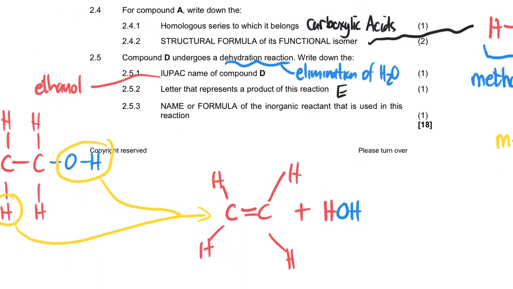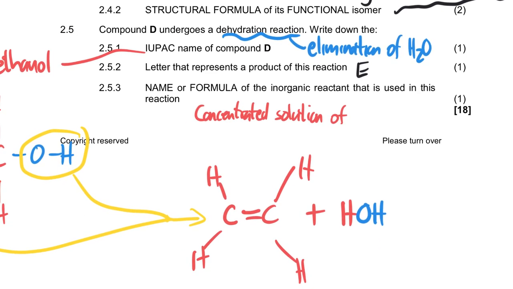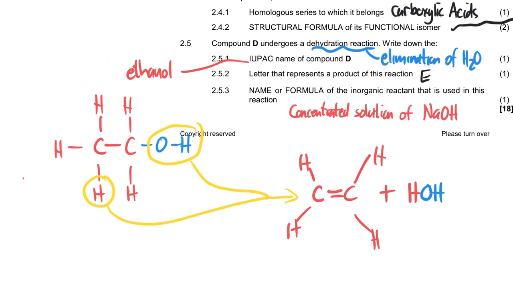Now, this is completely unfair for grade 10s, but this would be a concentrated solution of either a base like sodium hydroxide. But if we look here, this is an alcohol. So if we are going to rip water out of an alcohol, then we are going to use sulfuric acid.